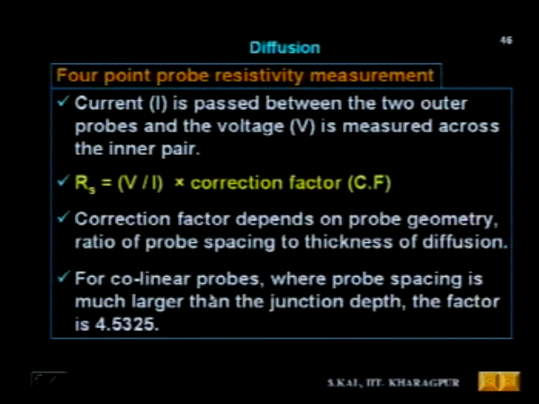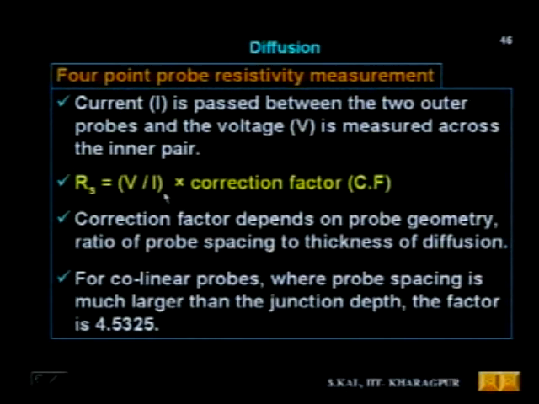For that the constant factor also changes. Also, when probe spacing is much larger than the junction depth, probe spacing in the range of few millimeters, and junction depth of the order of few microns, here probe spacing is large compared to the junction depth. So there the constant factor is 4.53.